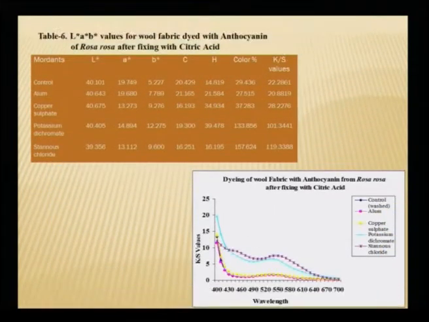But even then the stannous chloride value stands out. In the case of wool, even potassium dichromate shows reasonably good values for K by S. So, for wool, both potassium dichromate and stannous chloride can be used readily.